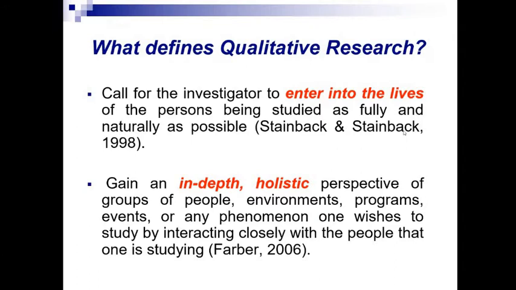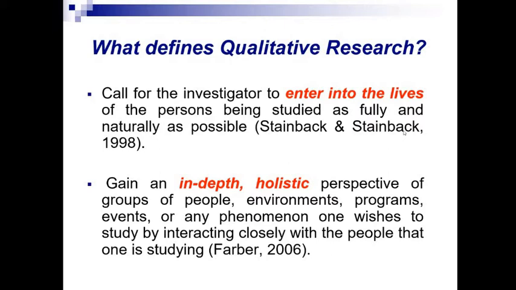That is why we have hypothesis testing as part of our way of analyzing the quantitative data, okay? But in qualitative research, our approach here is in depth, it's holistic, because we would want to have a clearer picture of people's perspective or the things that are happening in a certain phenomenon or a certain event, okay?